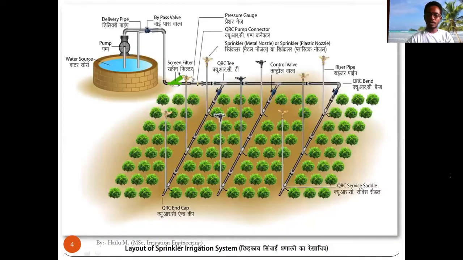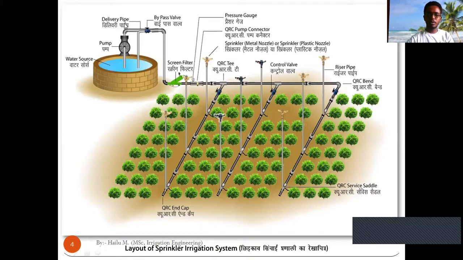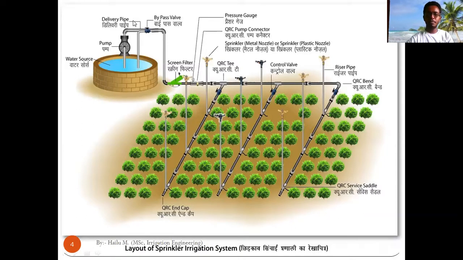As you see from this figure, the main components of sprinkler irrigation are a source of water and a pump unit. On the pump unit, there will be a delivery pipe and a pass valve.